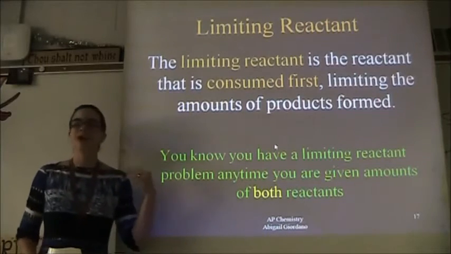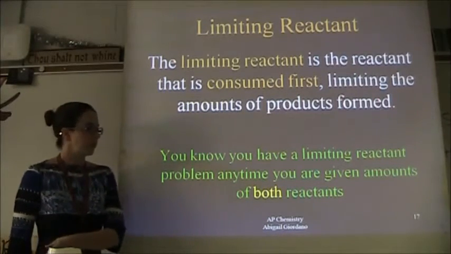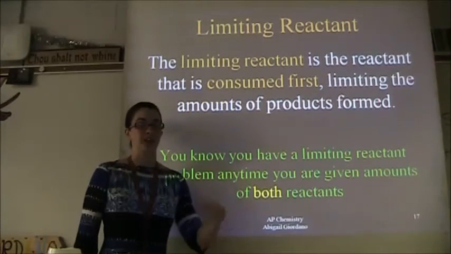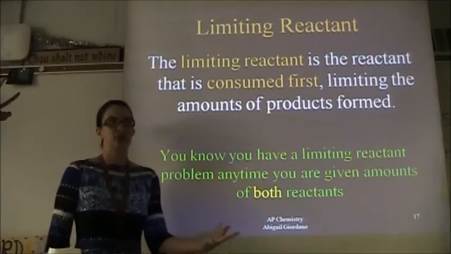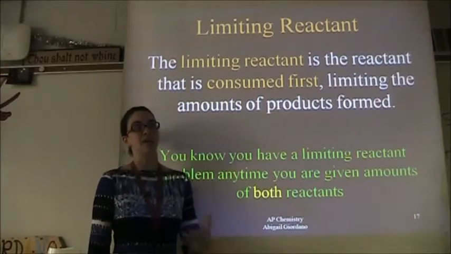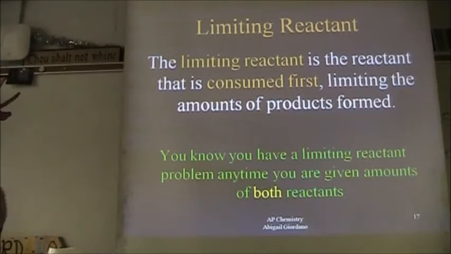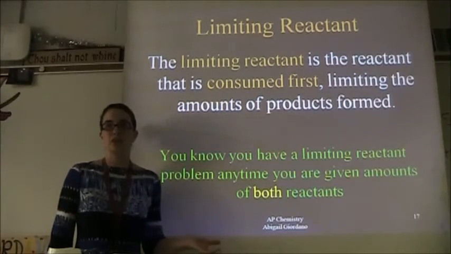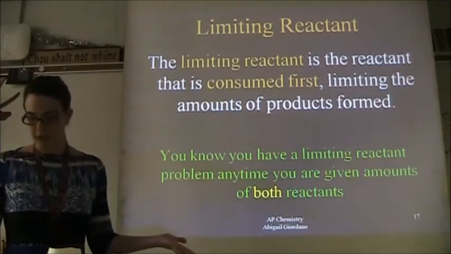You know you are dealing with a limiting reactant situation if you're not given just one piece of given information, or one starting amount of your reactants. Maybe you're given masses of both of your reactants, and you're supposed to figure out how much product is made. How do you know which one to use? Well, we're going to talk about that. Okay?